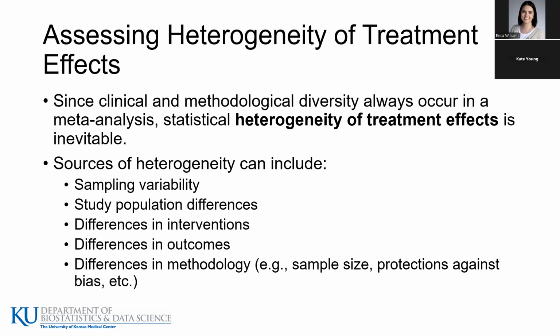So variability in the intervention effects being evaluated in the different studies, as visualized in this forest plot, is known as statistical heterogeneity. And this is a consequence of clinical or methodological diversity, or both, among the studies.